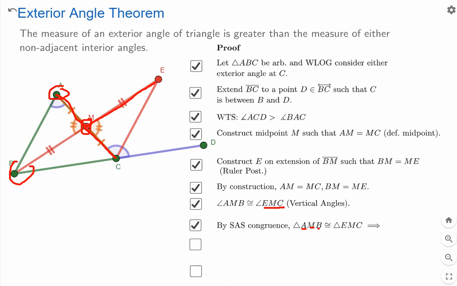I'll go into the file and change this. This is actually, oh wait, the angle is fine. The triangle, yes, triangle EMC. And notice that I don't have congruent triangles. If I go EM, which is the first line segment here, it is not congruent to AM. So I'm going to have to go in and change this to triangle CME. Sorry about that mistake.